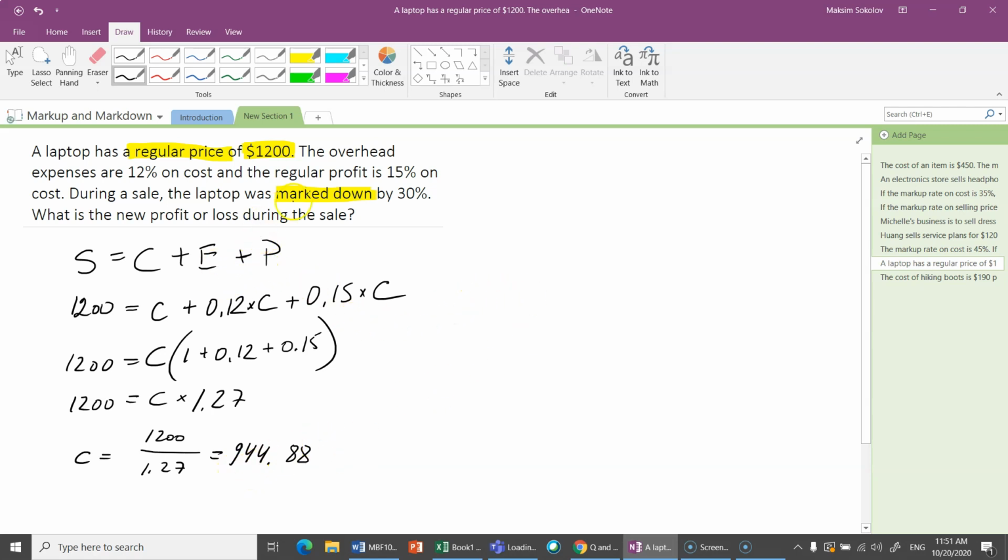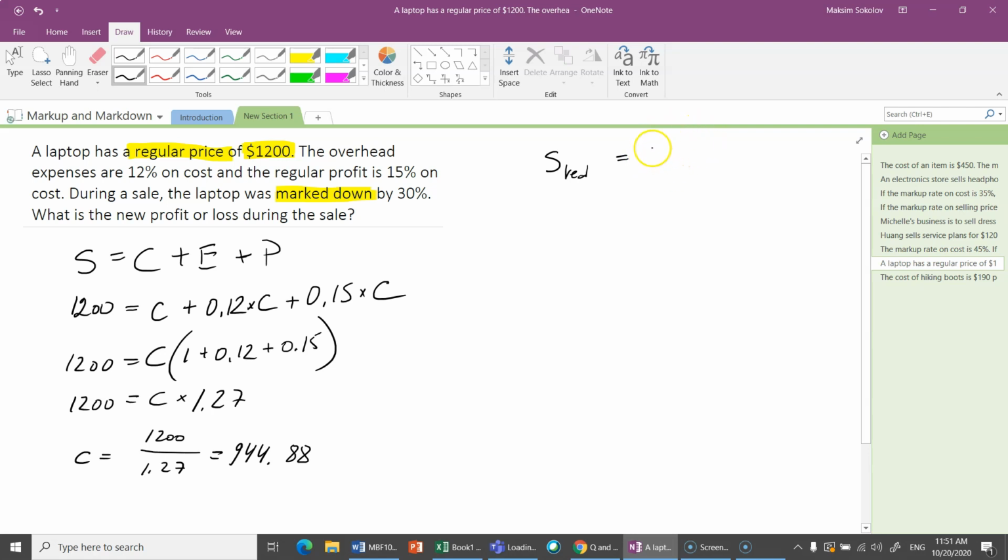Now we need to find the marked down selling price. Now marked down means that the product is on sale, and we will be finding now reduced selling price. It's a selling price which has been reduced by the markdown.